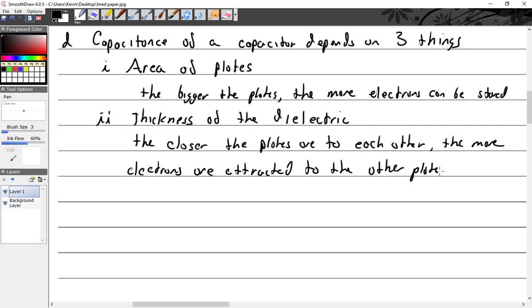Which is to say, if the plates are far apart, the electrons aren't attracted to the other side. There's no attraction. But the closer you bring them, the more they're going to want to be attracted. Now, what happens if you get them too close? Short. Yeah, they jump across. And so that doesn't work out.